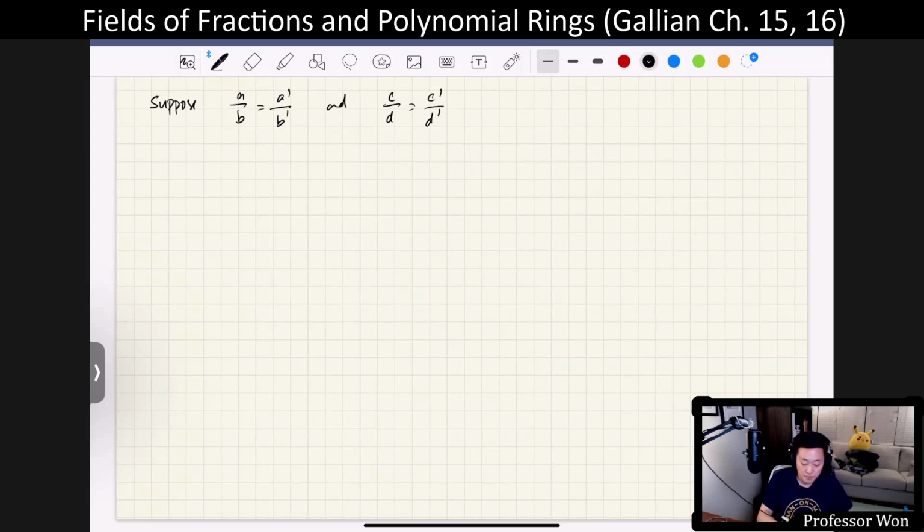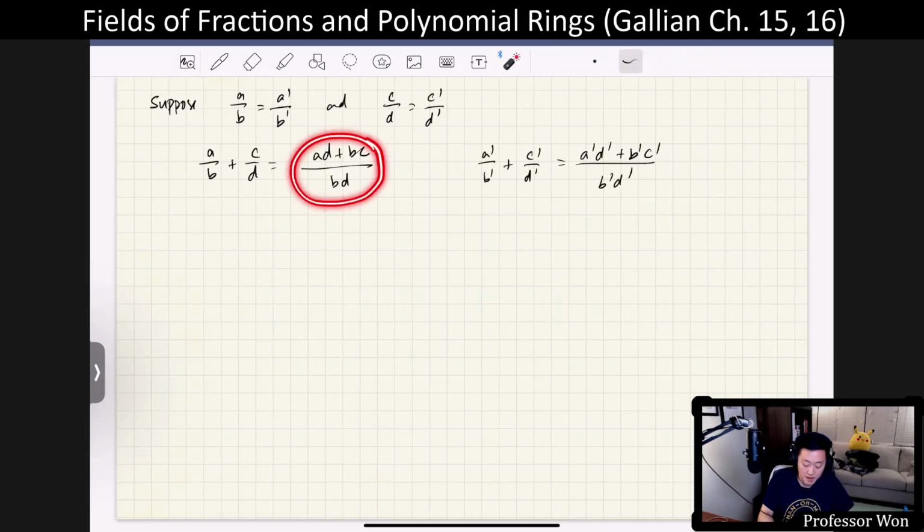So which order do I do it in? I do the sum first. A over B plus C over D is defined to be AD plus BC over BD, whereas A prime over B prime plus C prime over D prime is defined to be A prime D prime plus B prime C prime over B prime D prime. So the question is, is this fraction the same as this fraction?